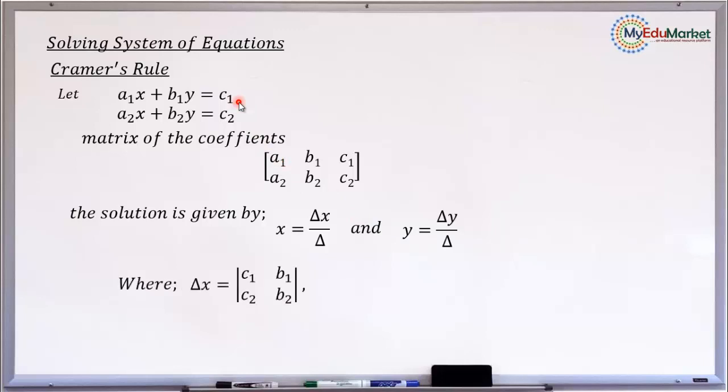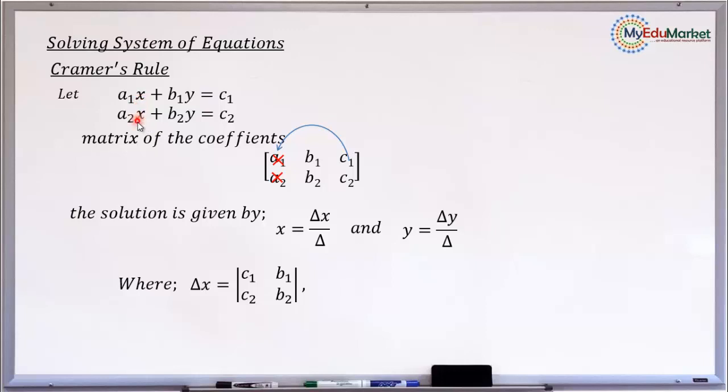To get del x, look at it. This is del x, the determinant of this matrix. But how did I obtain these entries? Let's go back to the original matrix. The last column contains the constant terms of my original two equations, C1, C2. And A1, A2 are the coefficients of x in the two given equations.